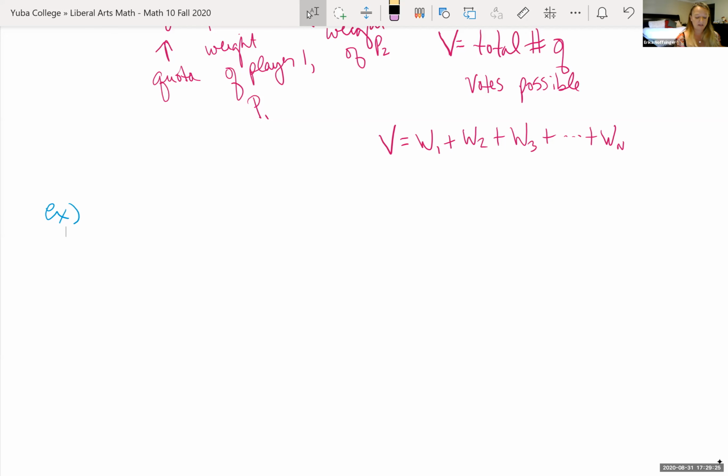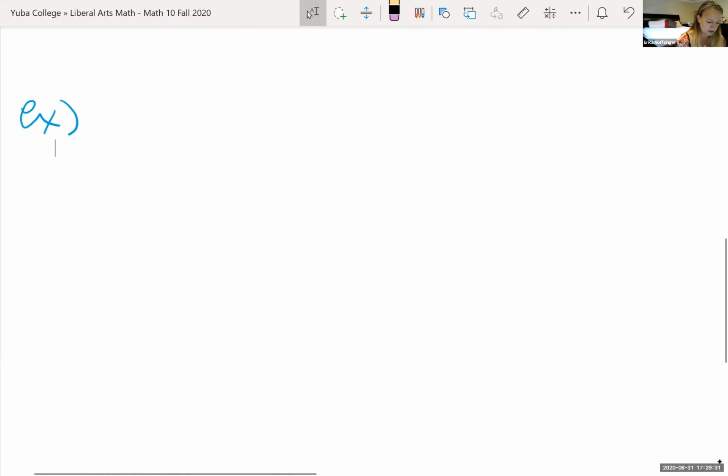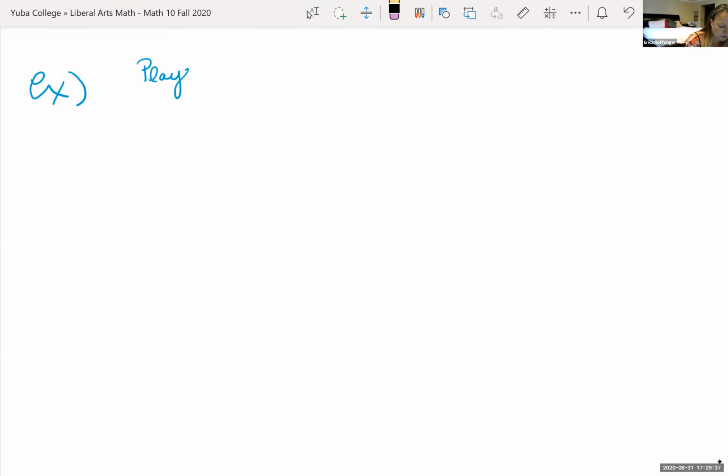Okay, so we're given information, and we have multiple players. We have the players, and we have their weights. P1's weight was 15 shares.